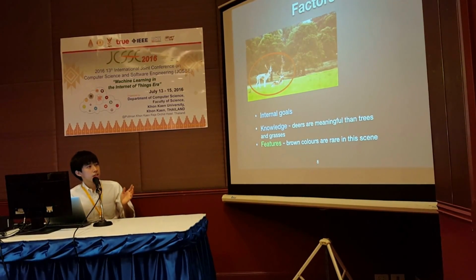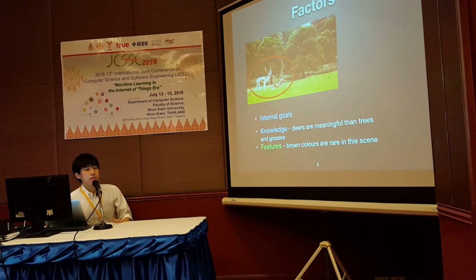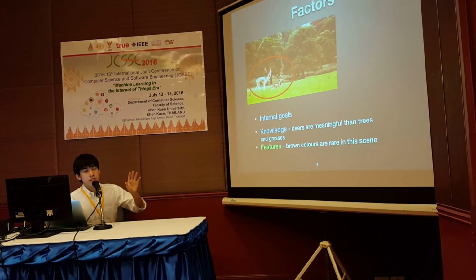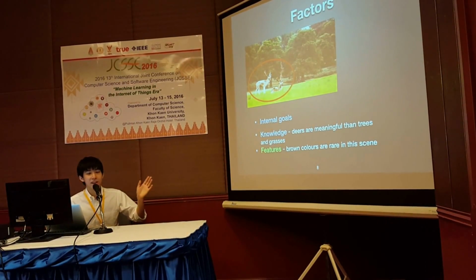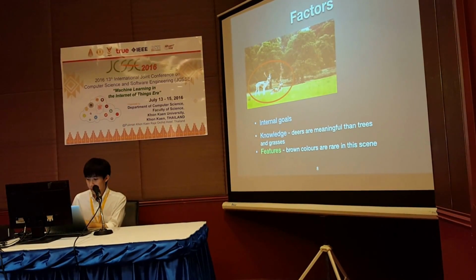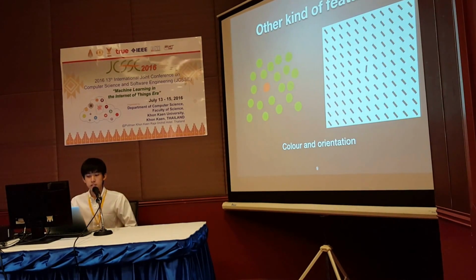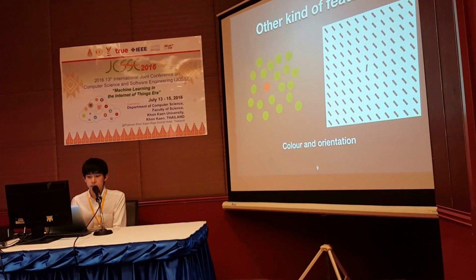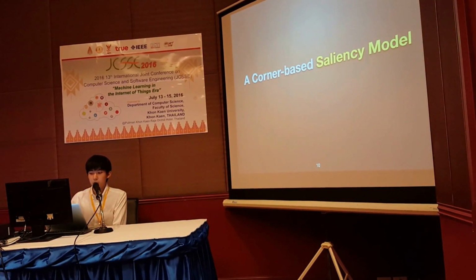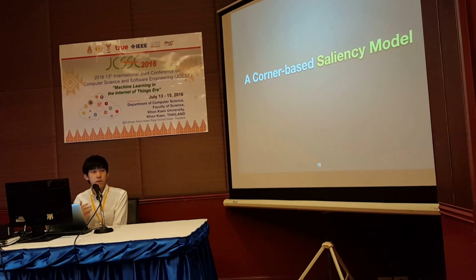Among the whole scene, the deer have a light brown color, but the whole scene is in a green tone, so the light brown color is more rare, and so it appears more interesting. The features are not limited only to color; there is also orientation, and in our work we use corners as our feature, which I will describe later.